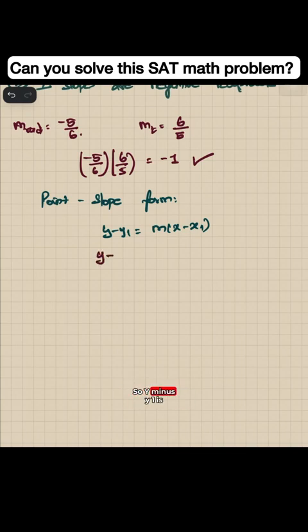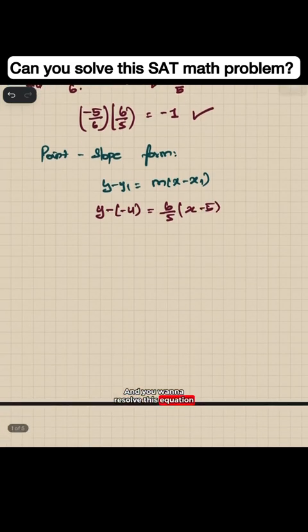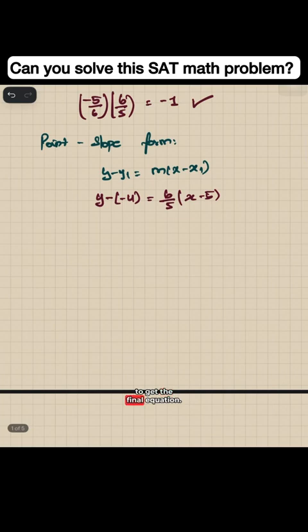So y minus y1, which is -4, equals 6 over 5 times x minus 5. And you want to resolve this equation to get the final equation. So you would get y plus 4 equals 6 over 5 x minus 6. So y is equal to 6 over 5 x minus 10.